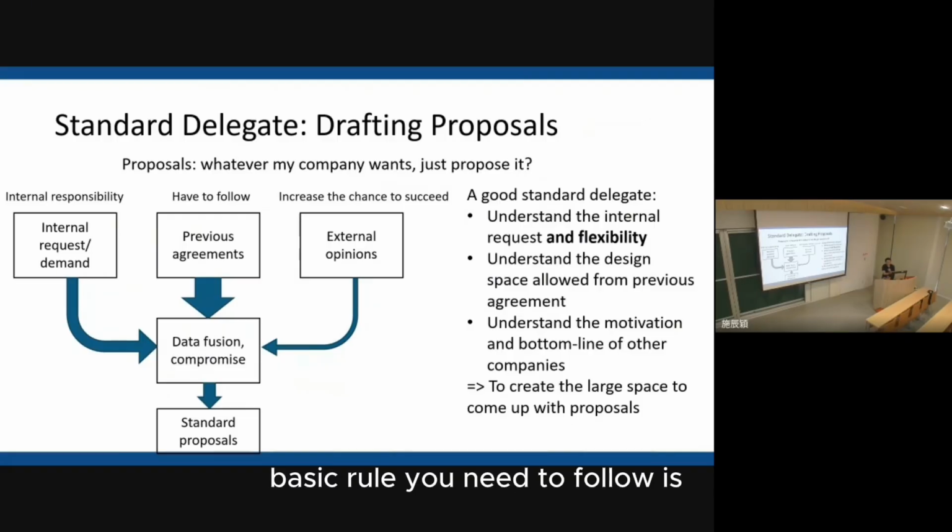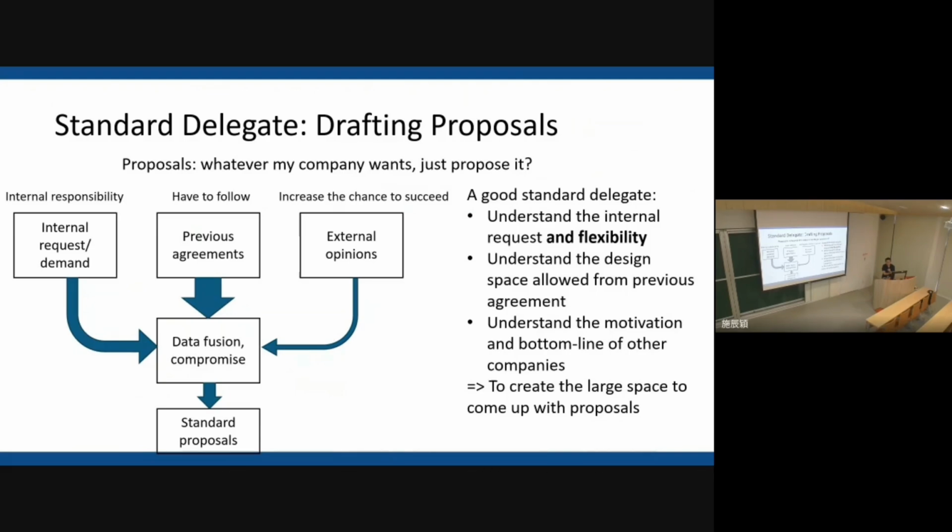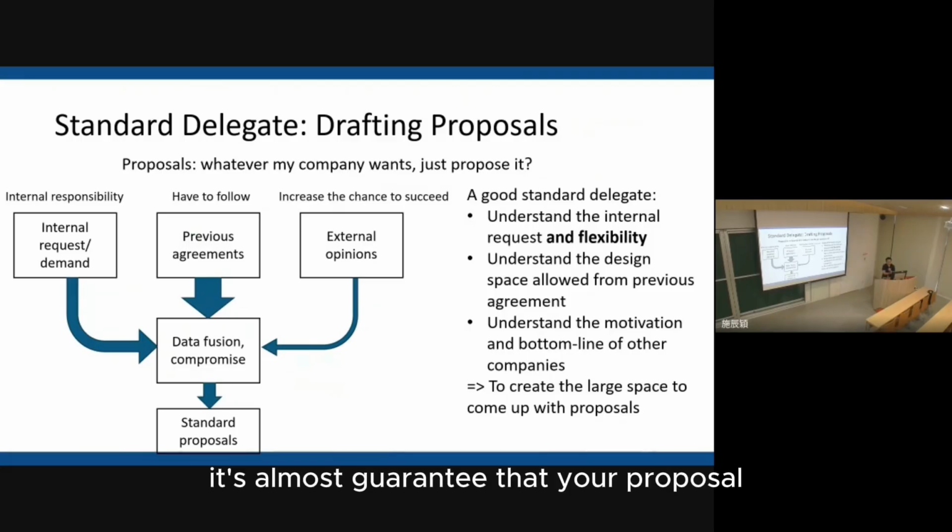So the very basic rule you need to follow is to look at the previous agreements and make sure that anything you propose based on your company's demand or preference is aligned with, or under the constraint of, the previous agreement. Whenever you have contradictions with the previous agreement, it's almost guaranteed that your proposal can never go through.